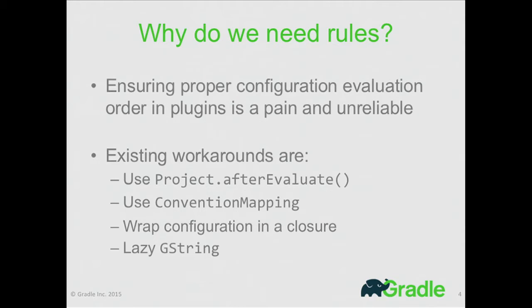And like Luke described, right now that's just a humongous pain, right? There are all these hacky workarounds. I apply a plugin, the plugin creates a new extension, I apply the extension to the project, and then I define some tasks, but I have to defer the evaluation of that configuration because the extension I've added hasn't been populated with data yet, right? So we have this whole configuration ordering thing.